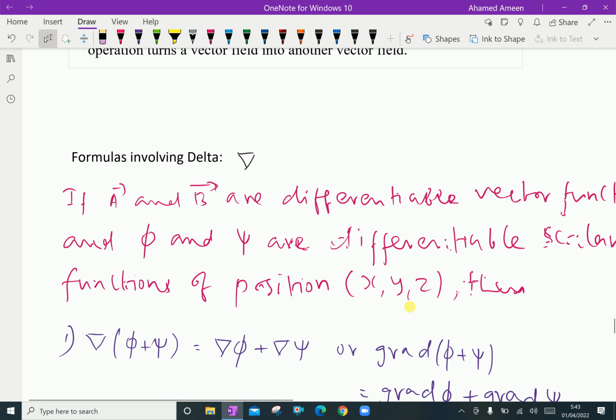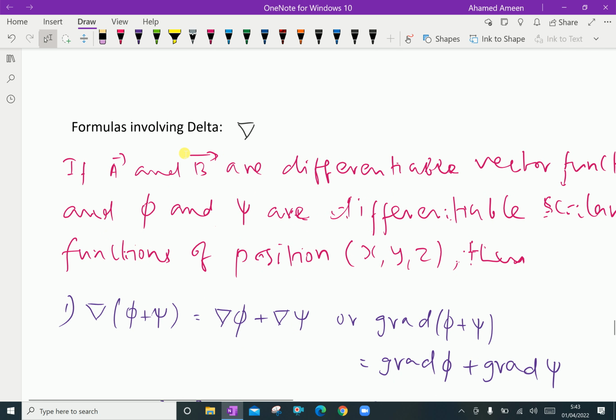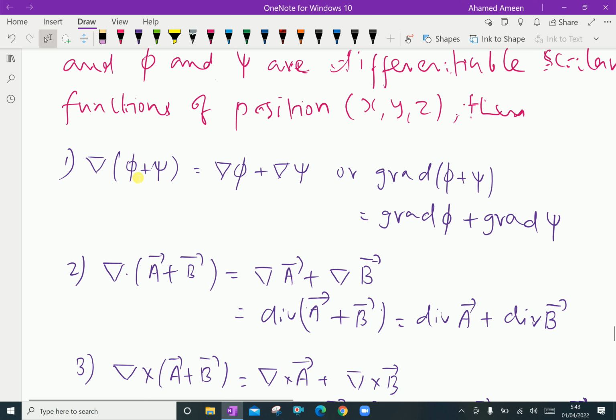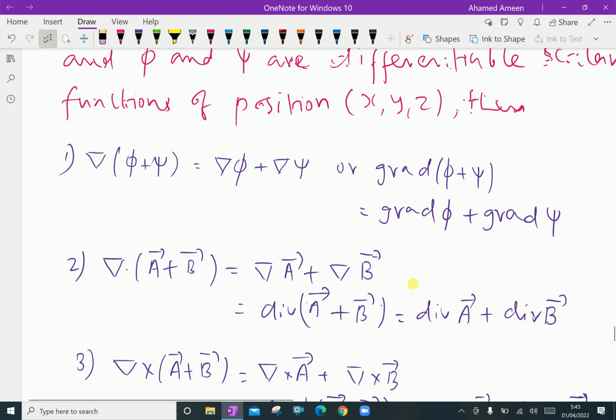Now let us discuss further some formulas of delta. If vector A and vector B are differentiable vector functions, and phi and psi are differentiable scalar functions of position x, y, z, then we can write the formulas. Look here: delta of phi plus psi is distributive. That means the gradient of this is equal to the gradient of the first one plus the gradient of the second one.